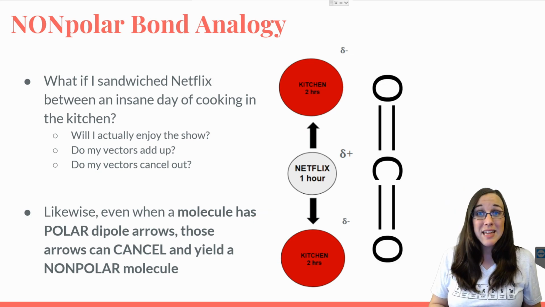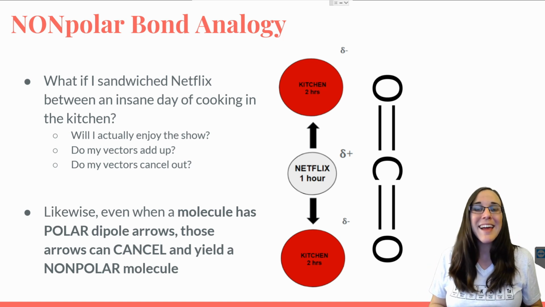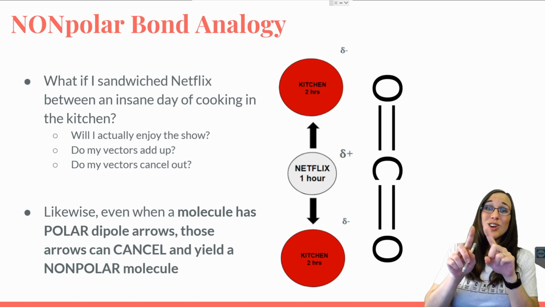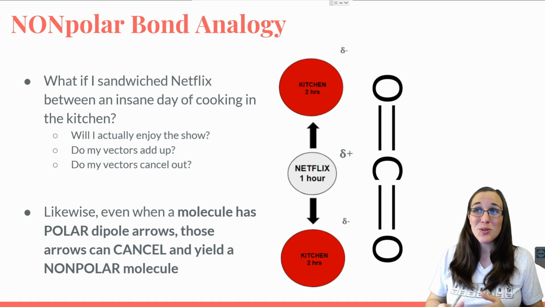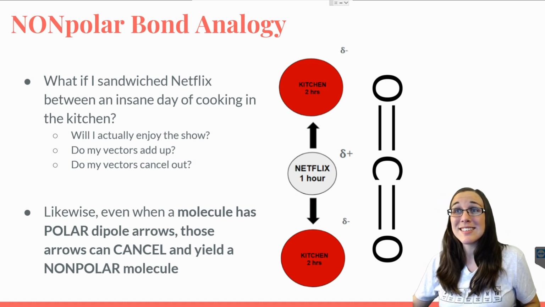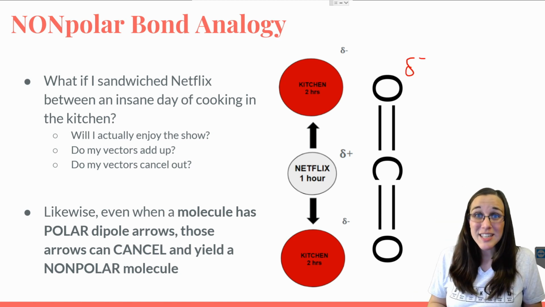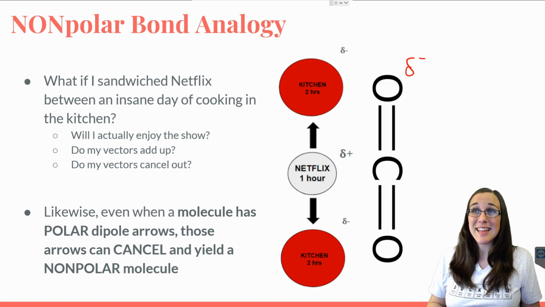A real-life example of this would be CO2, carbon dioxide. That stuff that you breathe out every time you breathe, and that gives plants their CO2 so they can give us oxygen. The circle of life. So we have CO2, carbon dioxide. Oxygen is the more electronegative atom between oxygen and carbon, so it's the one that is slightly negative.